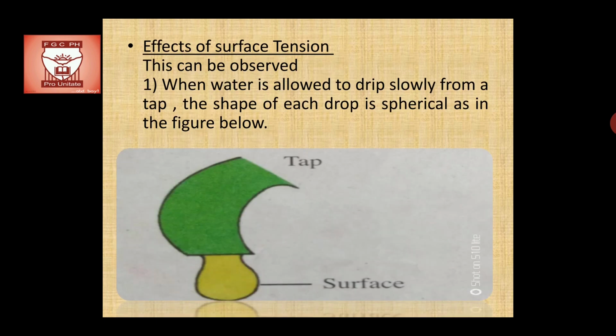Effects of surface tension. This can be observed. Number 1, when water is allowed to drip slowly from a tap, the shape of each drop is spherical, as in the figure below. You can see the shape in that diagram below.